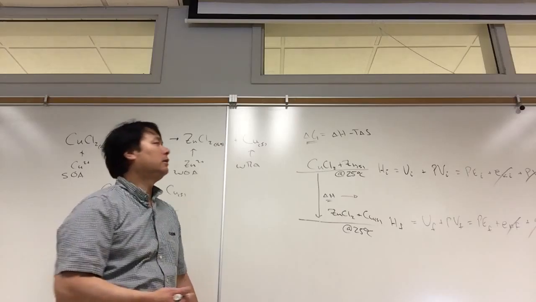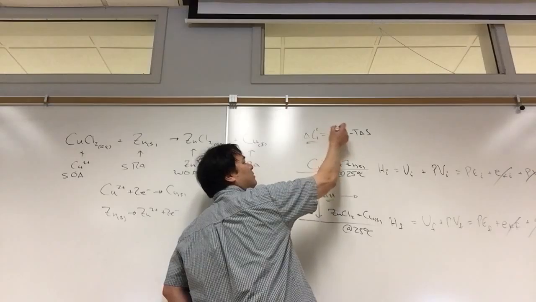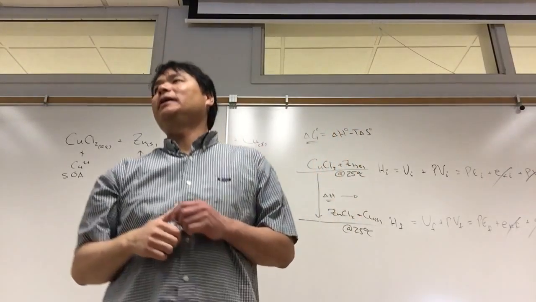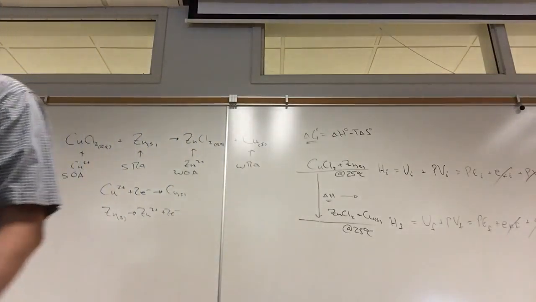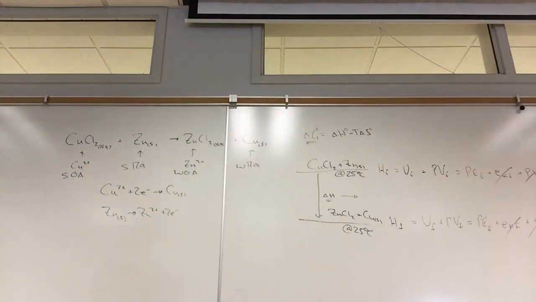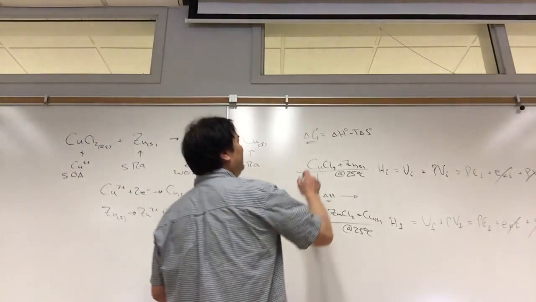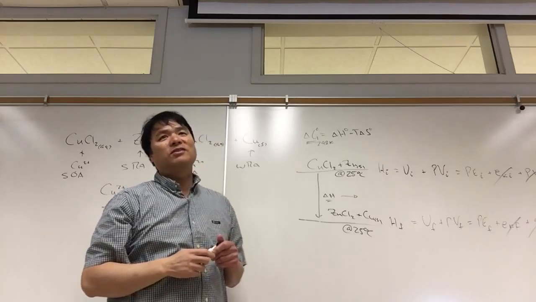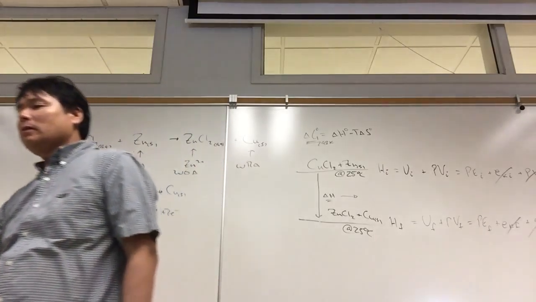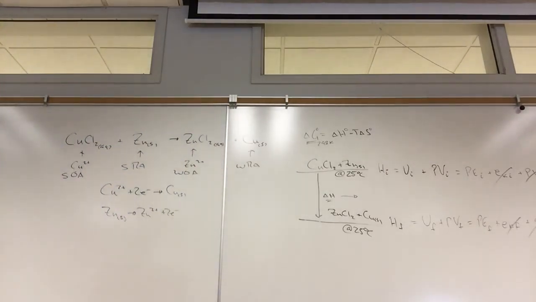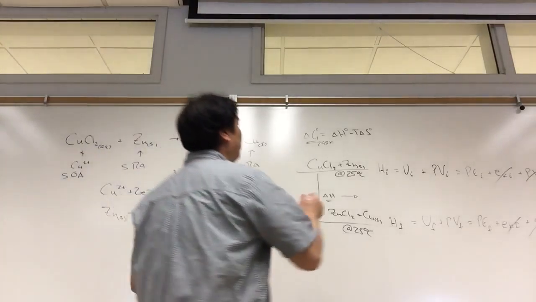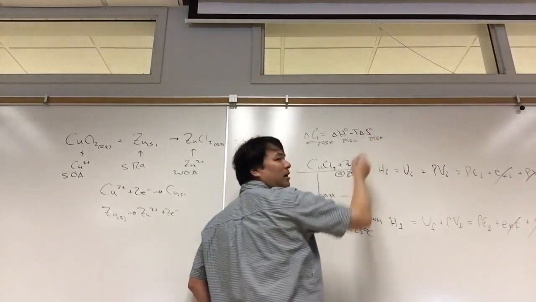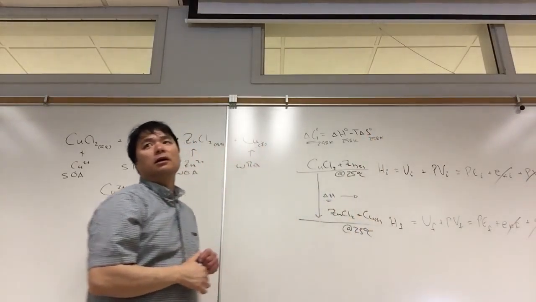But delta G, you know, we have these little zeros here, which mean standard conditions. And not only that, our delta G is limited to, right now, 298 Kelvin, right? I mean, we could change the temperature maybe, but what types of things impact delta G? The temperature for sure changes delta G. Did we do that calculation yesterday?